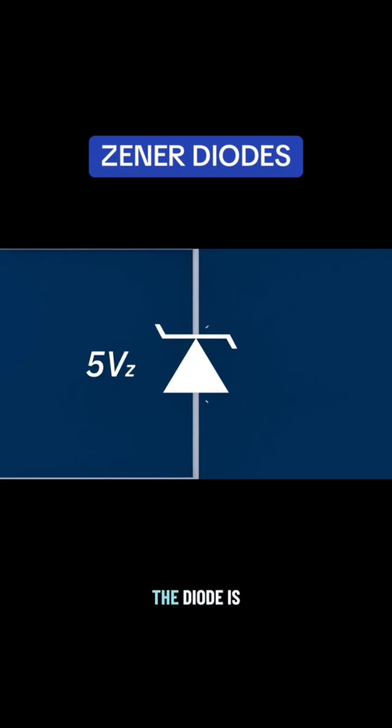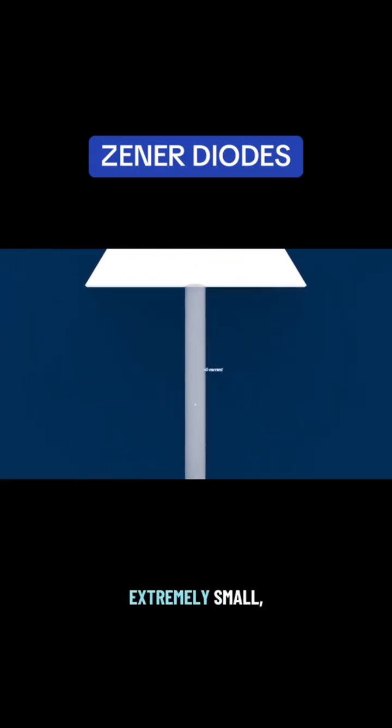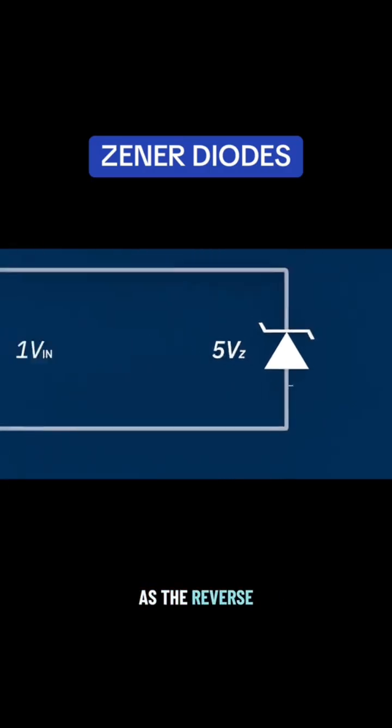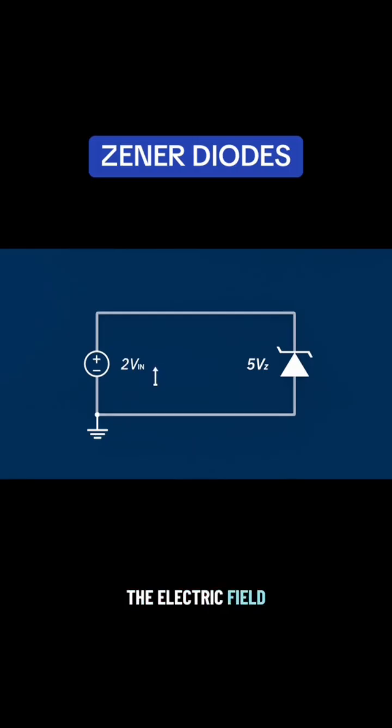At first, when the diode is reverse biased at low voltages, the current is extremely small, limited pretty much only to leakage through the junction. As the reverse voltage increases, the electric field across the junction strengthens until a critical point is reached where the diode enters reverse breakdown. This point is known as the breakdown voltage, or more specifically, the Zener voltage.